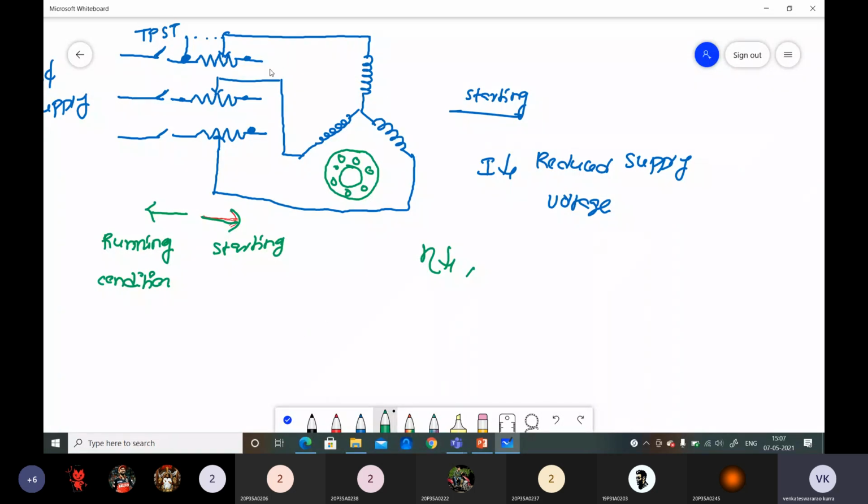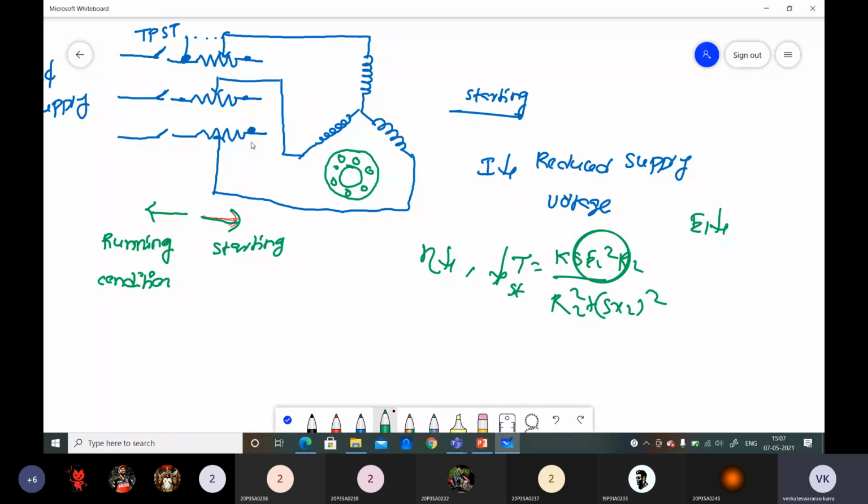Next, due to reduced voltage, the torque of the induction motor also decreases, because the expression for torque equal to Ks E2 square R2 by R2 square plus (S X2) whole square. Here this E2 value decreases due to decrease in E1. If E2 decreases, the starting torque will be decreased due to this method.